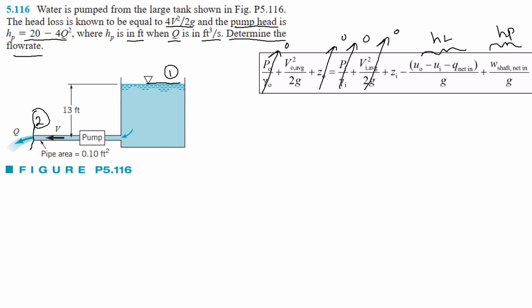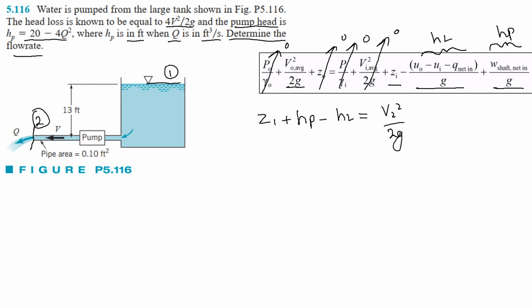So this is what we are going to replace this with. By rearranging this equation, we can get our equation that will be Z1 plus HP minus HL is equal to V2 square divided by 2G. So this is our Z1, this is our V2 square divided by 2G, this is our HL, this is our pump head.